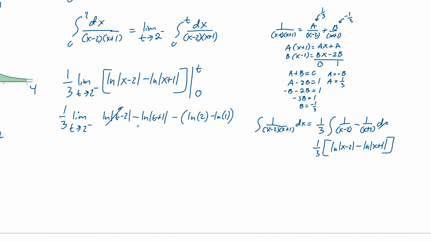So we know this is approaching negative infinity. This one is just a 2, so if we plug that in, we get ln of 3. So we're going to get negative infinity minus ln of 3 minus ln of 2, and then the last one's 0, times 1/3. And so what do we get? Negative infinity. This is divergent.